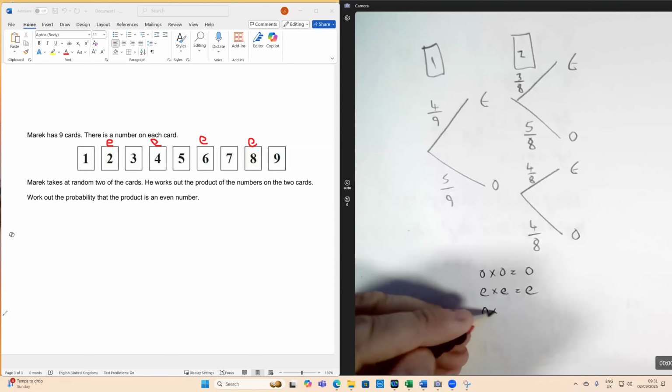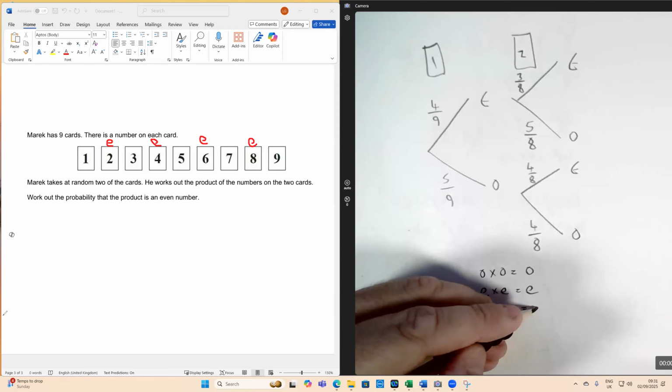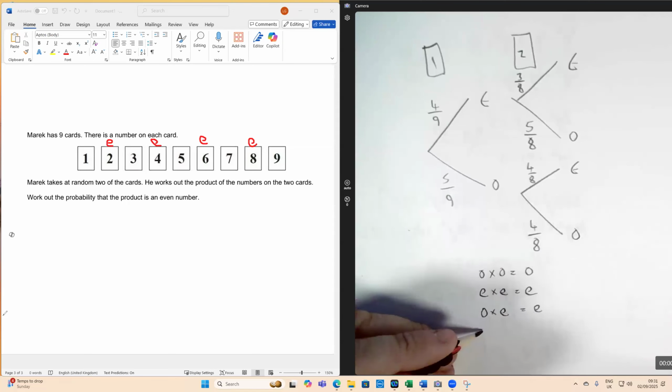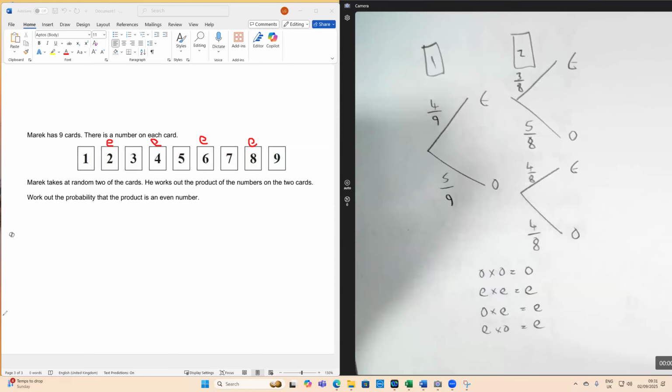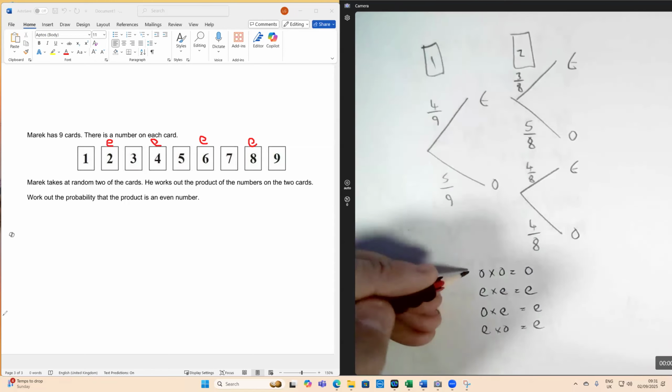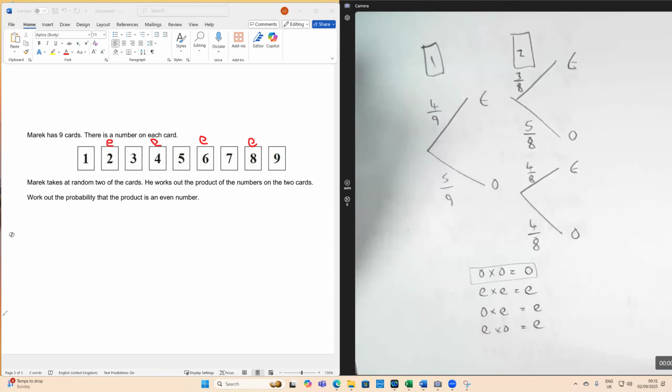When we have odd times even, we have even. And when we have even times odd, we have even. So basically the only way that we're going to get an odd is if we end up with odd times odd. And we've got to work out the probability that we have an even one.